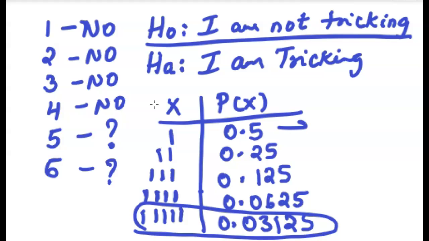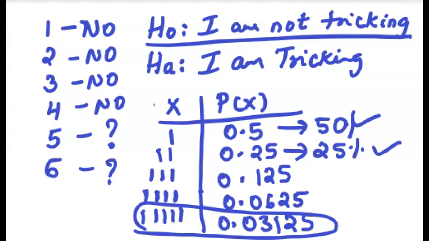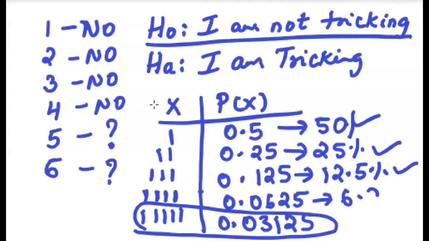So when the probability is 50%, you're okay. Probability is 25%, you're still okay. Probability is 12.5%, you're still okay. Probability is 6.25%, you're still okay.